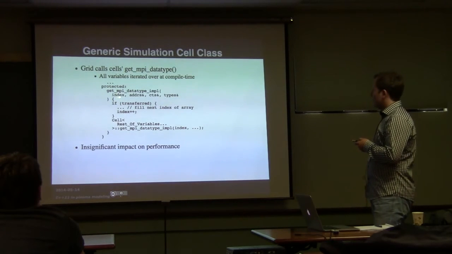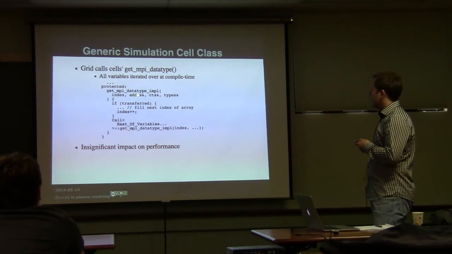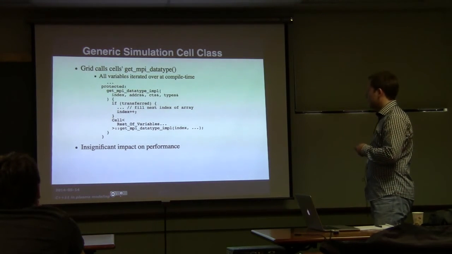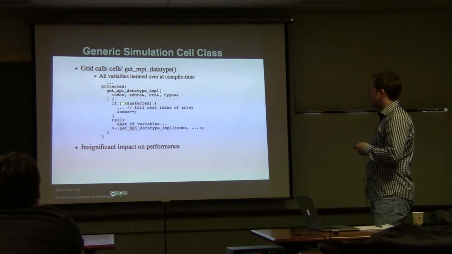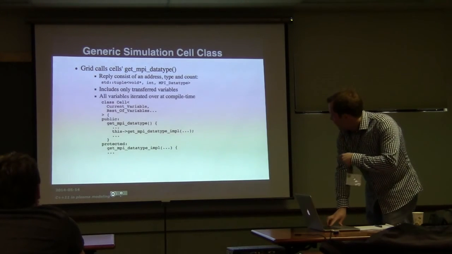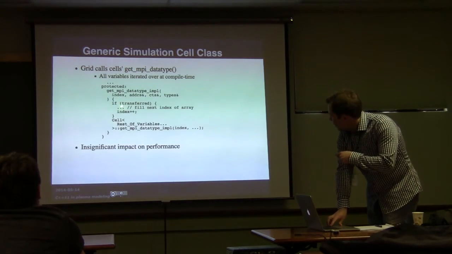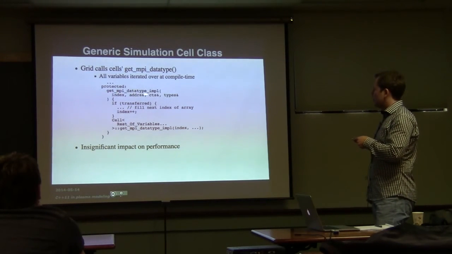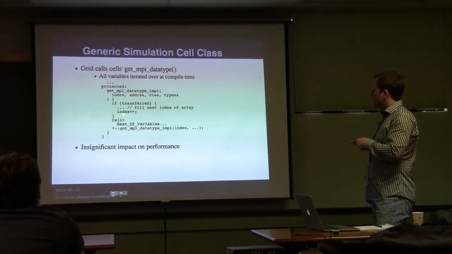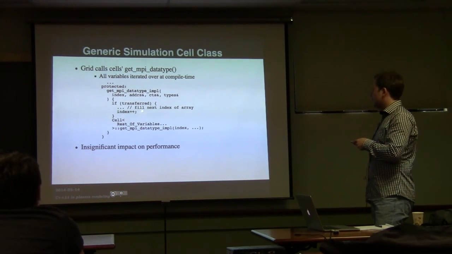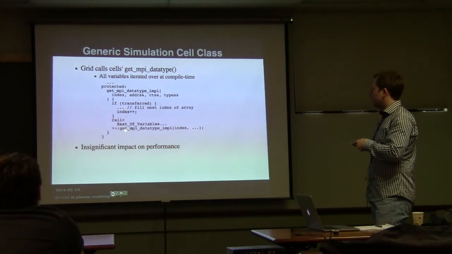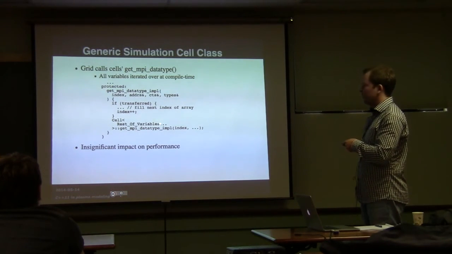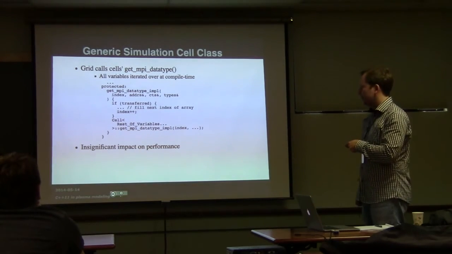So basically, this function fills up an array of the addresses and counts and types of each of the variables. And so if the current variable is to be transferred, then it fills up the current index with the required information, and then increments the index once the current position is already filled, and then it calls the same implementation but in the inherited version of the cell now for the rest of the variables.